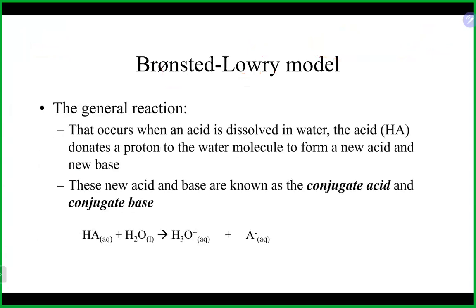The consequence of our Bronsted-Lowry definition is that we create partners on the other side. I'll write it a little higher so it's easier to see. So we have something like this, HA, and in this case this represents just an acid. Any type of acid you want, HCl, HBr, it doesn't really matter.